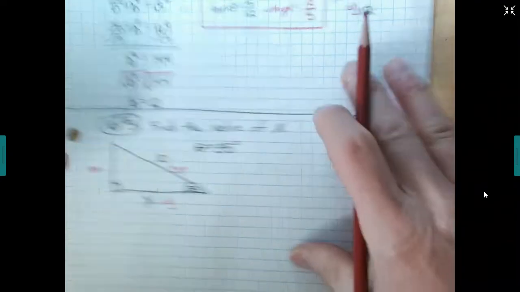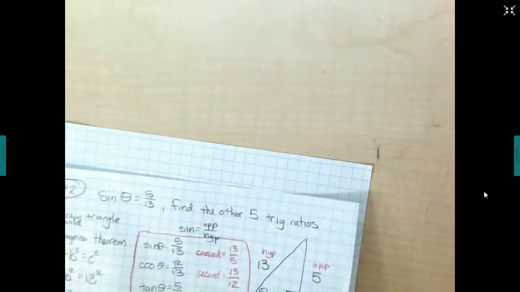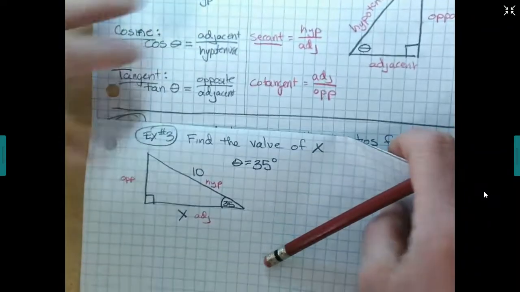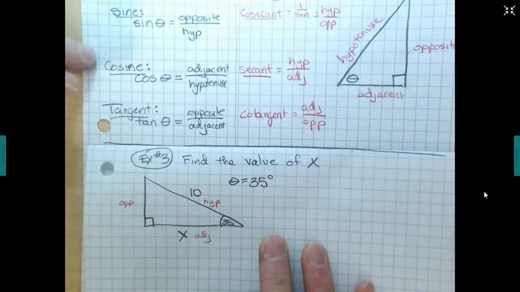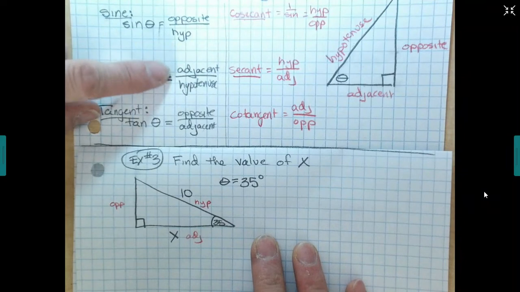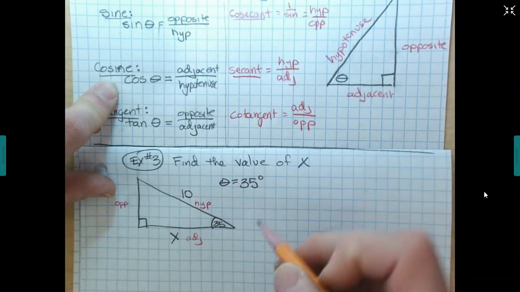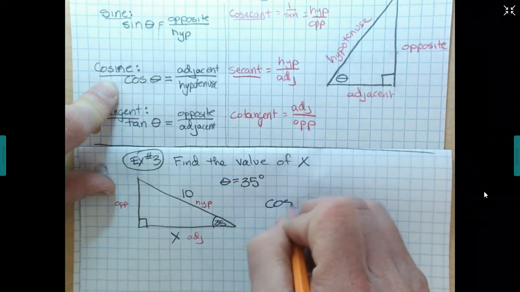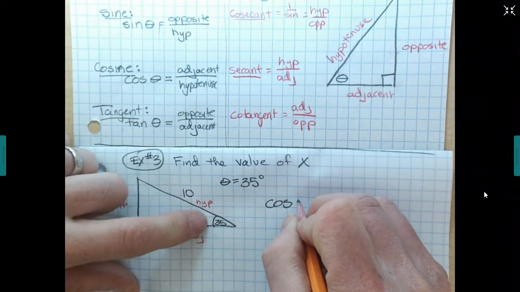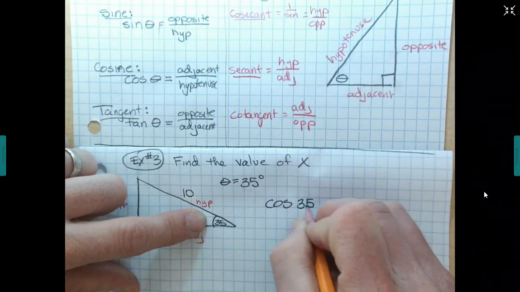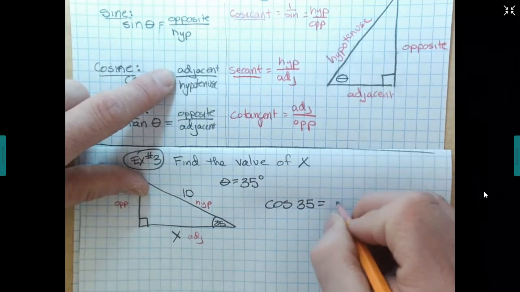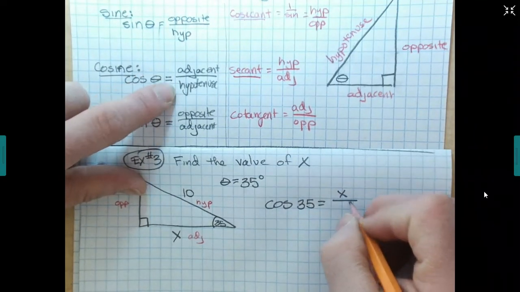So if we look up here, adjacent and hypotenuse, right here, we have cosine. So we're going to go cosine of this angle, 35, equals adjacent over hypotenuse.